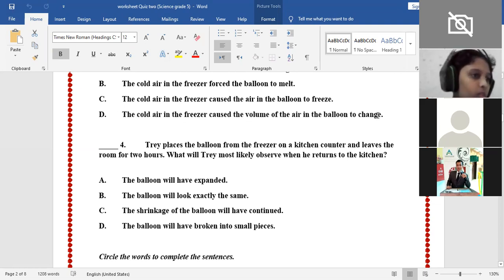Why will the balloon shrink or get smaller? Because the cold air in the freezer caused the volume of the air in the balloon to change and get smaller, so the balloon will shrink. Okay, thanks. Complete number 4, Hamza.